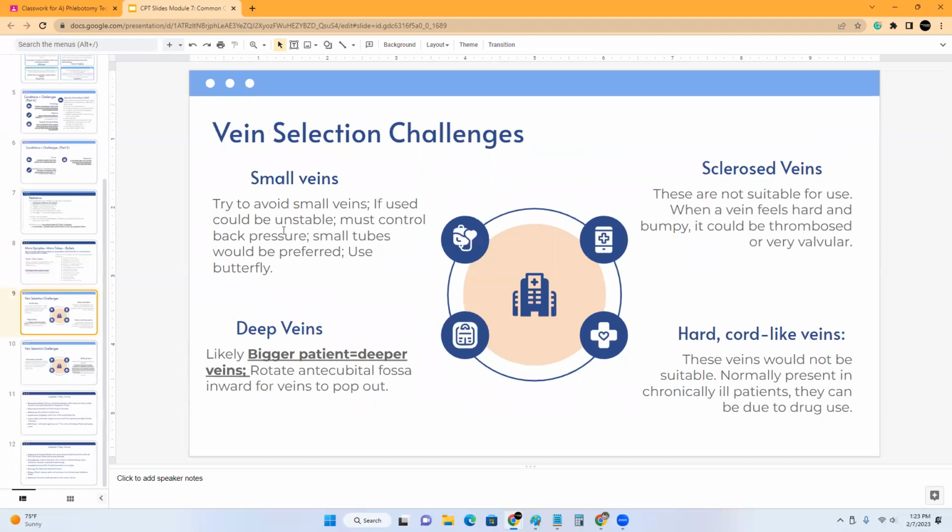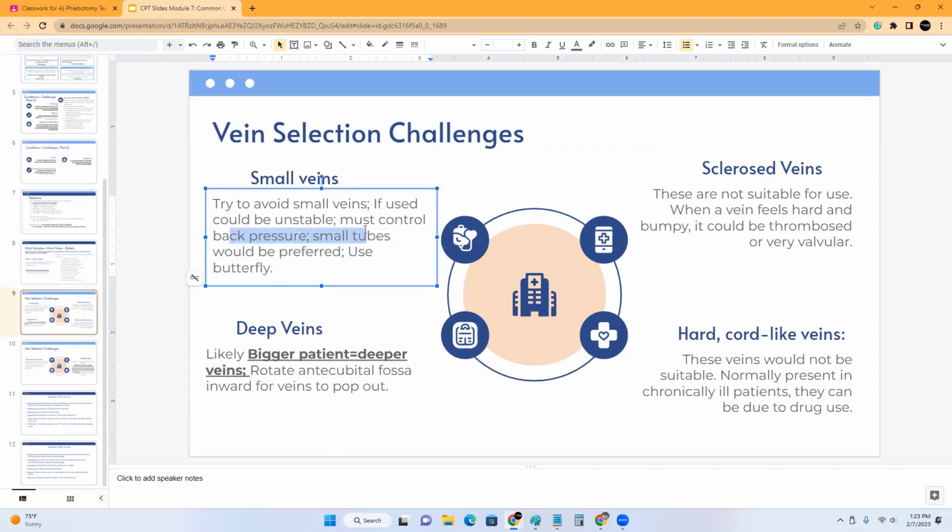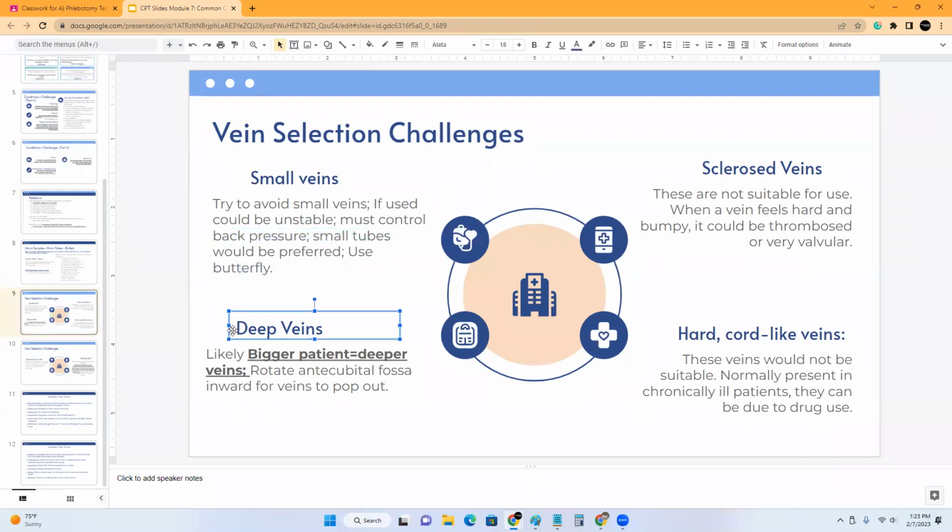Okay, so some other vein selection challenges. Small veins can be unstable, especially with a tourniquet. You must control back pressure on them and use small tubes or a butterfly. Deep veins: usually the bigger the patient, the deeper the vein.